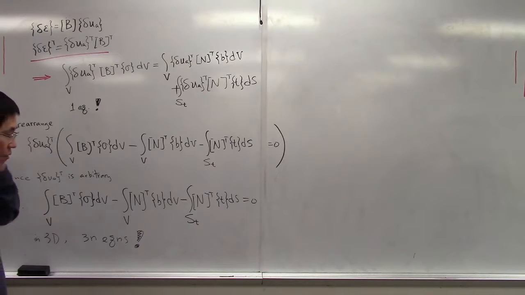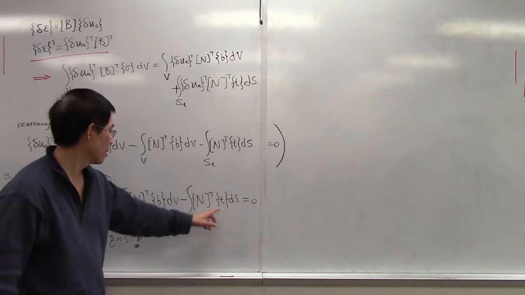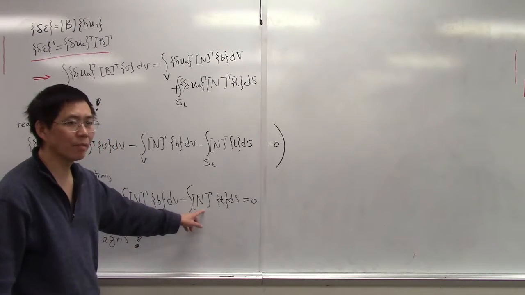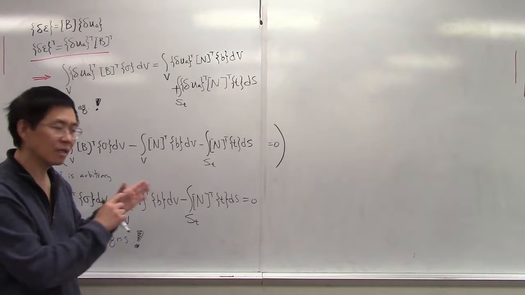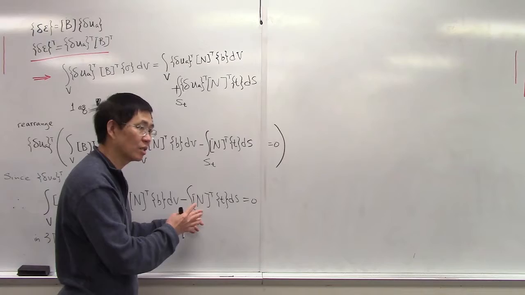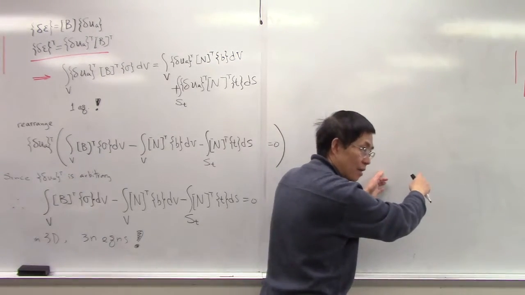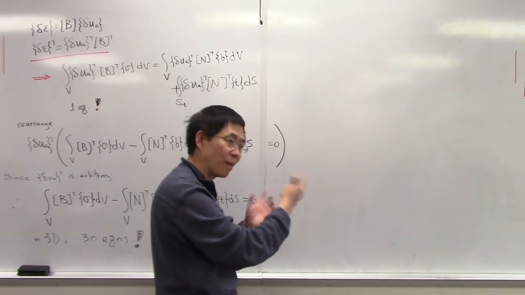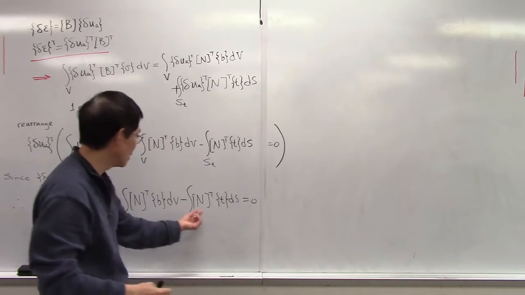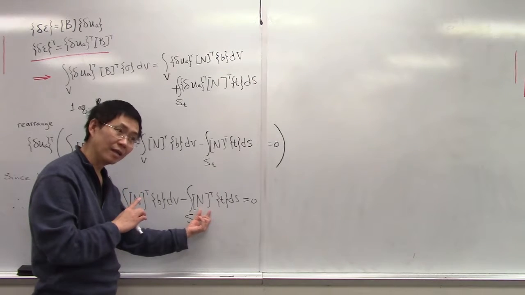Because when you look at this one, the N here, the shape function matrix, when I write it here, is 3 by 3n. Now transpose becomes 3n by 3. Therefore, for this transpose, the number of rows is 3n.